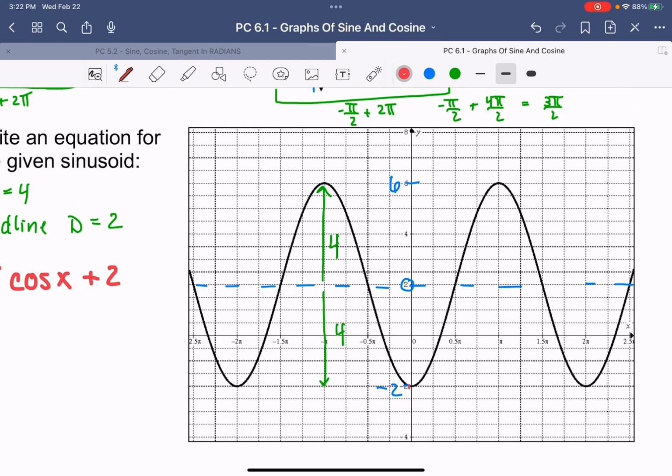Okay. Let's say I wanted this one right here as my first point. Okay, this will be a negative sine curve, and it also has a phase shift to the left of pi over 2.